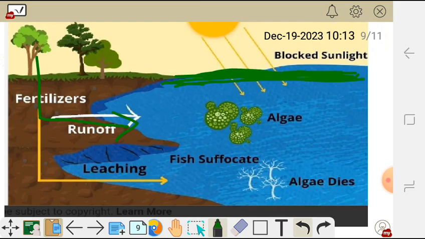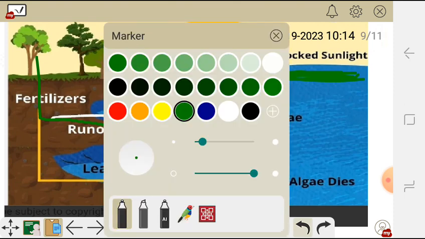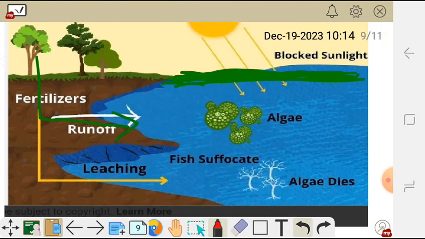When it accumulates here, it is going to obstruct the light so that it won't be able to penetrate into the pool there.